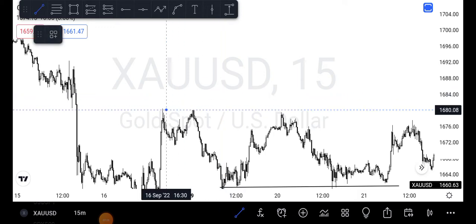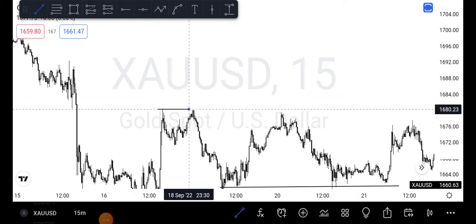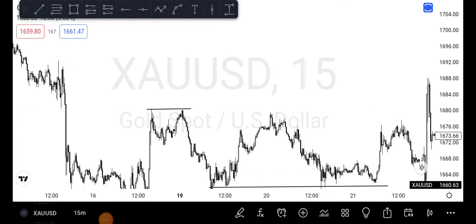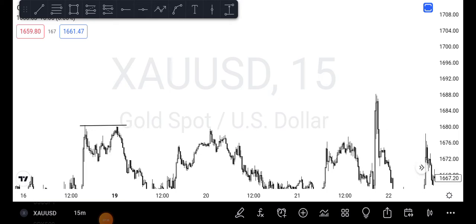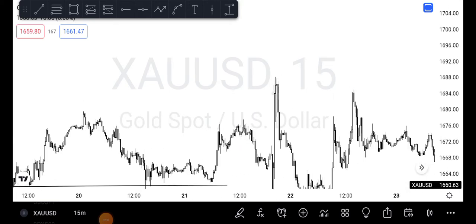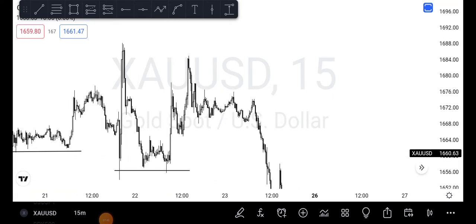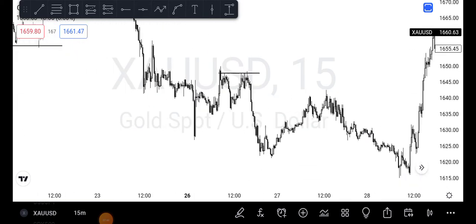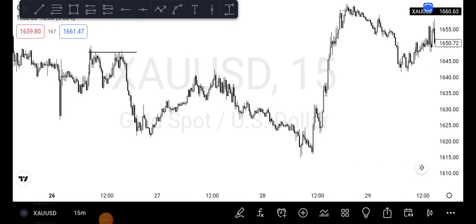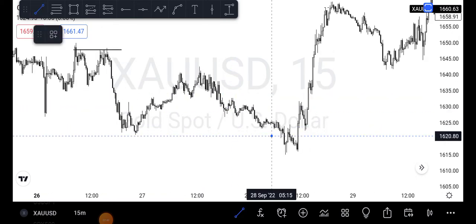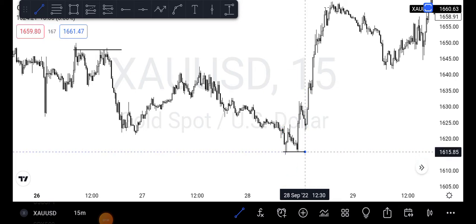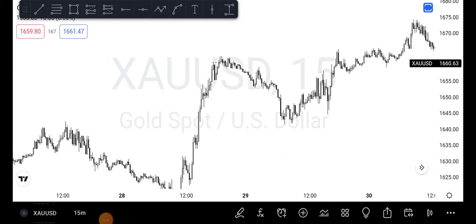This area here shows resistance. I hope you are seeing how I'm identifying them. Very easy to identify. You just have to train your eyes to identify them easily. To cut the long story short, how do you trade support and resistance? I've seen another area of support here. Another area of support here.